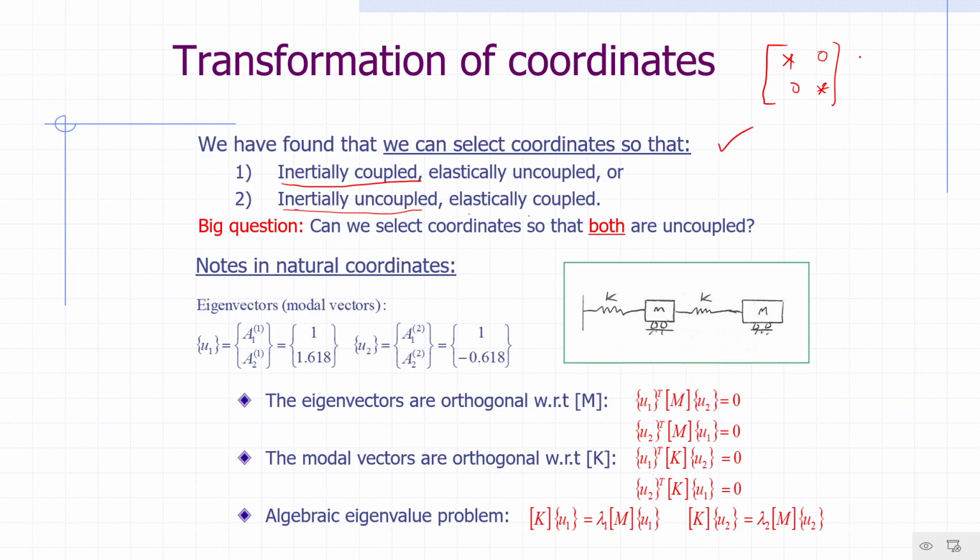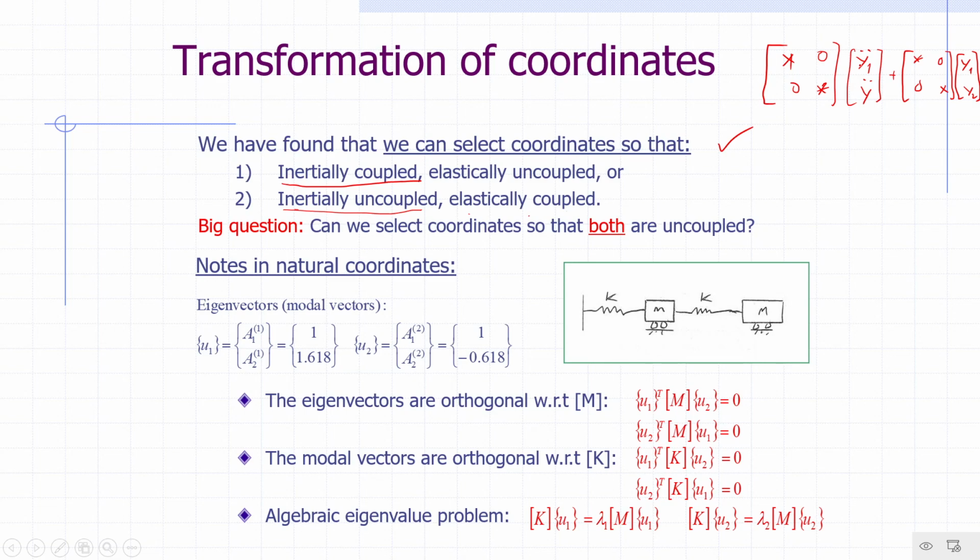We already have h and z, so let's say y. Y1 double dot, y2 double dot, and then you have another diagonal matrix for y1 and y2 like this. It means uncoupled for both matrices.